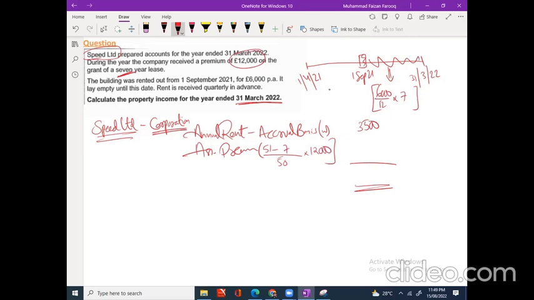So 51 minus 7, divided by 50, into 12,000. We will get an assessable premium of 10,560, and the total property income for Speed Limited is 14,060. Simple, easy, same as individual, but two differences. No tax year, only accounting year. No cash basis, only accrual basis. Hopefully you are getting it.